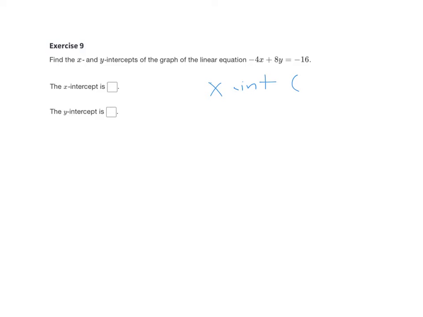So that would be blank, comma, 0. If you want the y-intercept, you set the x part equal to 0.